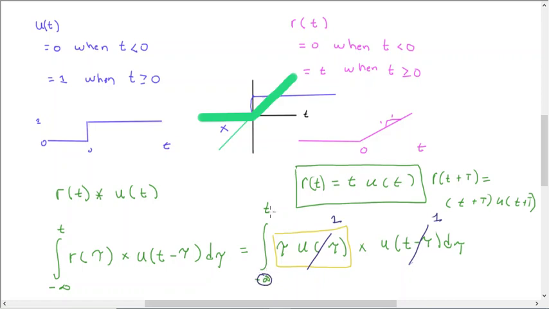So if it's 0 onwards, we're always in this range. And so we just set those u(t)s to 1, and that's where we get the integral from 0 to t of tau d tau, which turns into t squared divided by 2, which will become a ramp divided by 2.